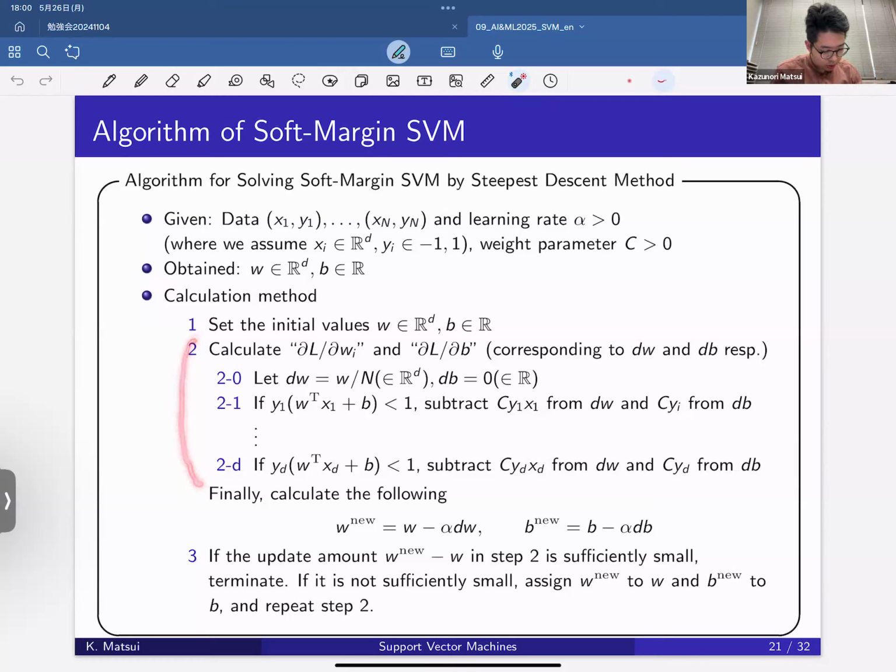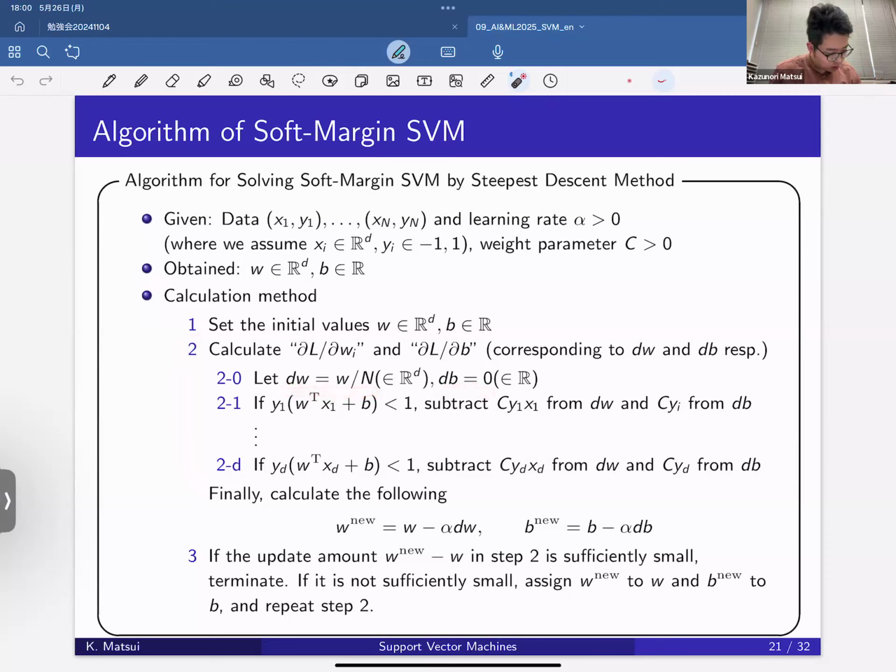For that, we first set dw, which finally corresponds to the partial derivative, as dw equals w over n and db equals 0.